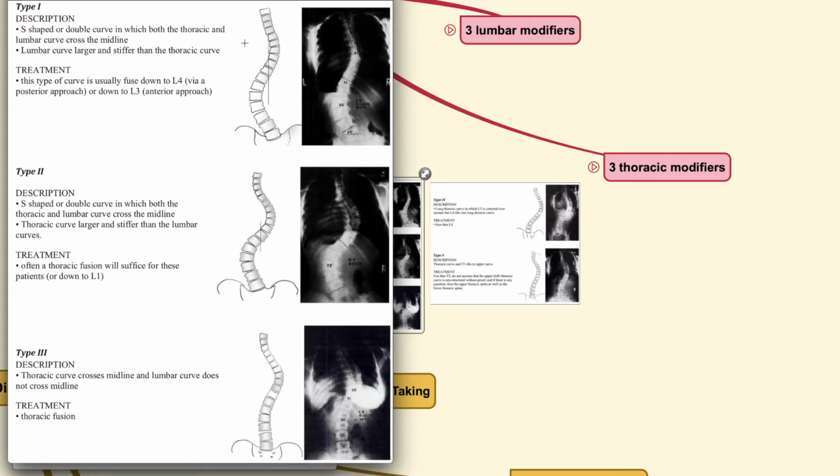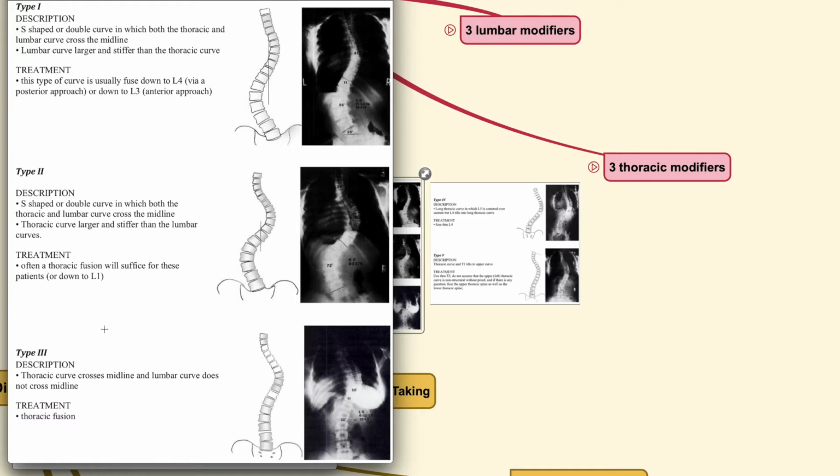For type 1, the curve has an S shape or double curve in which both the thoracic and the lumbar curve cross the midline. Type 2 would also be an S curve in which both the thoracic and lumbar cross the midline, but in this case, the thoracic curve is larger and stiffer compared to the lumbar curve, while in type 1, the lumbar curve is larger and stiffer than the thoracic curve.